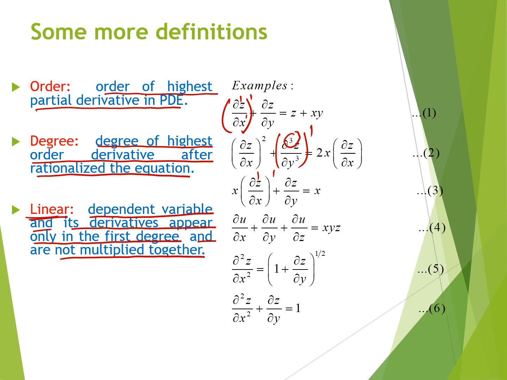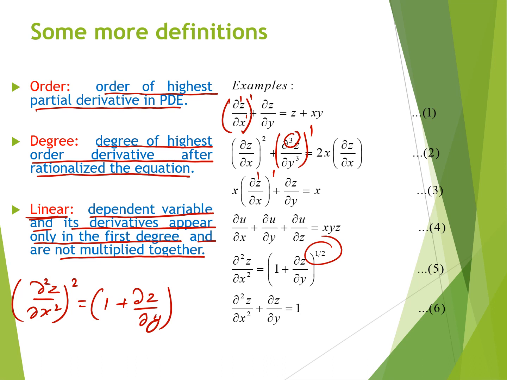In the fourth equation, the order is 1 and degree is 1. In the fifth equation, first we have to remove this power 1 by 2. To remove this, which is a square, we get del square z over del x square whole square is equal to 1 plus del z by del y.